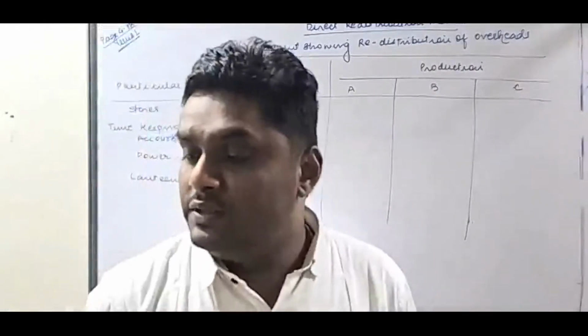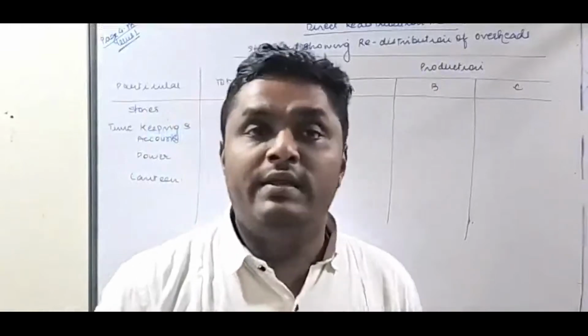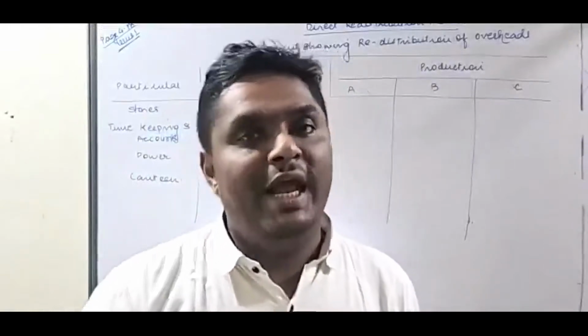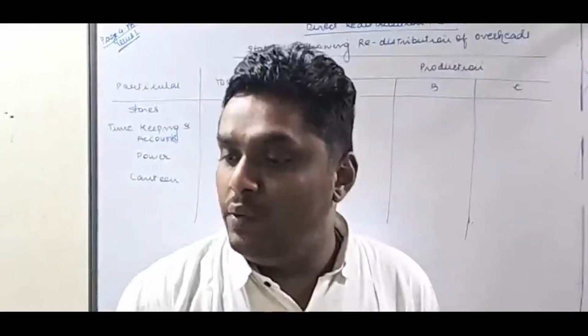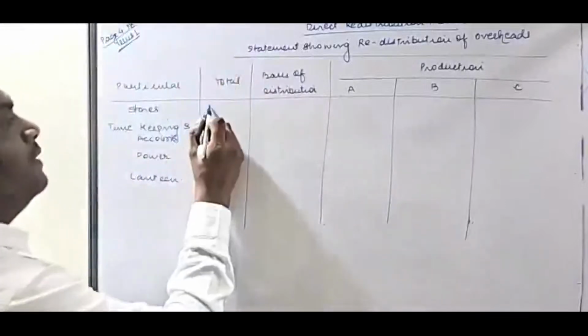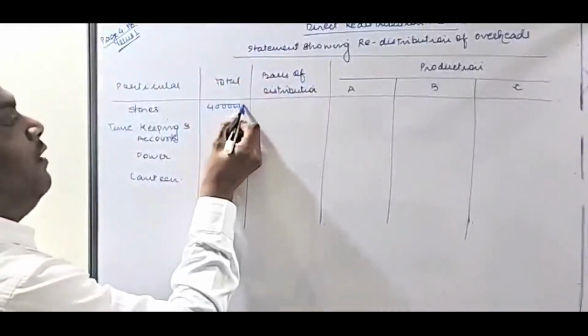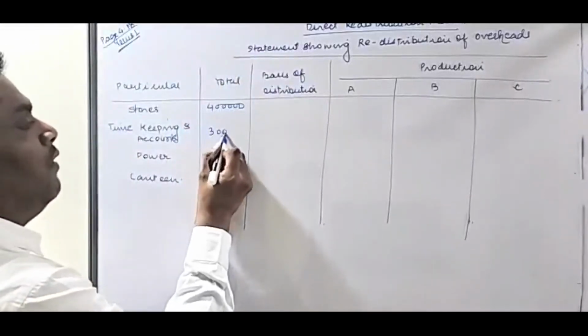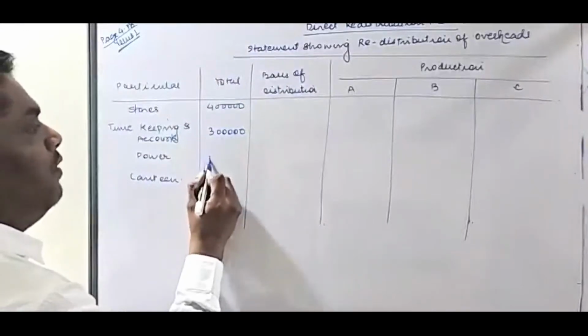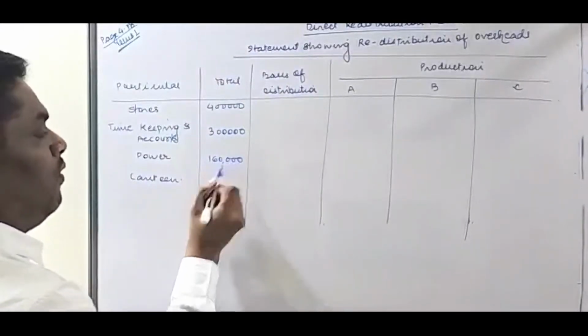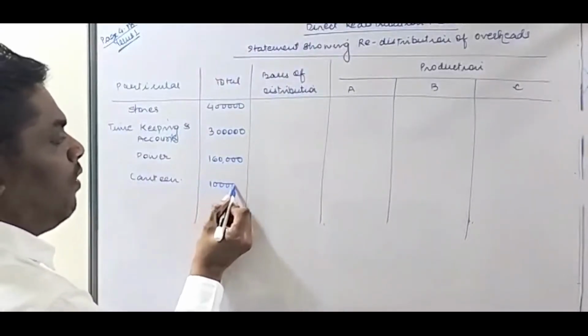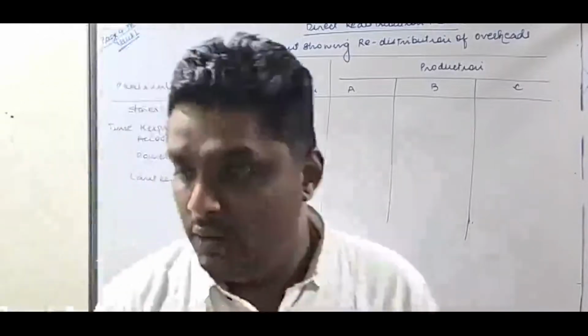And the total amount is also given: 4 lakh, 3 lakh, 160, and 1 lakh. This amount is after allocation and apportionment.